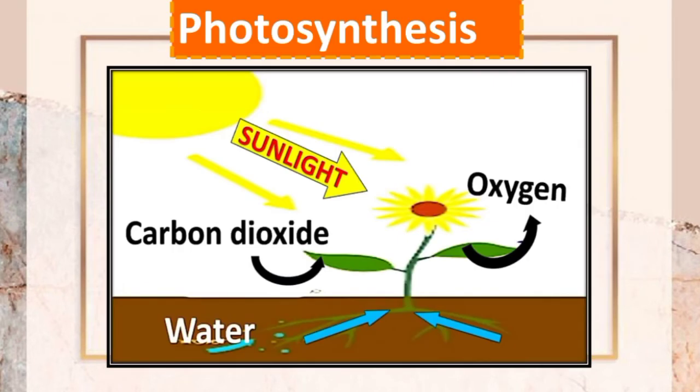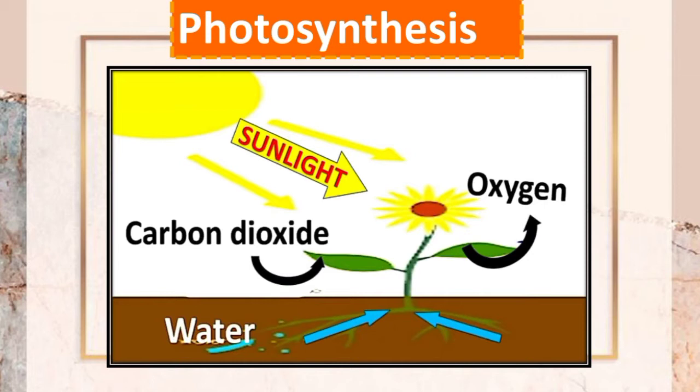Now let's understand how leaves make food. Green plants make their own food with the help of chlorophyll present in their leaves, and they use light, water and carbon dioxide present in the air as raw materials to make their food.